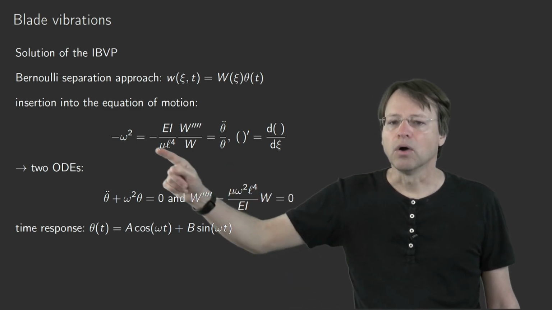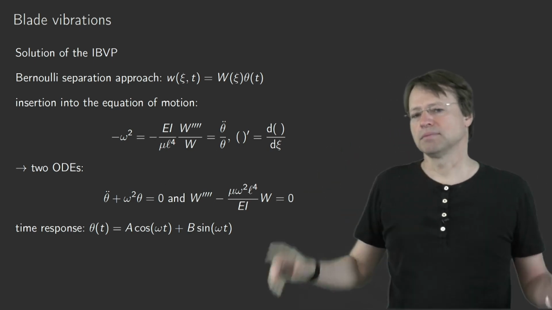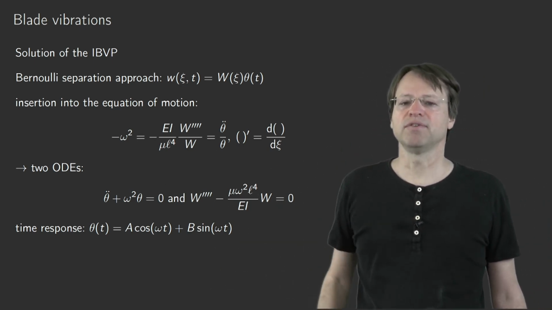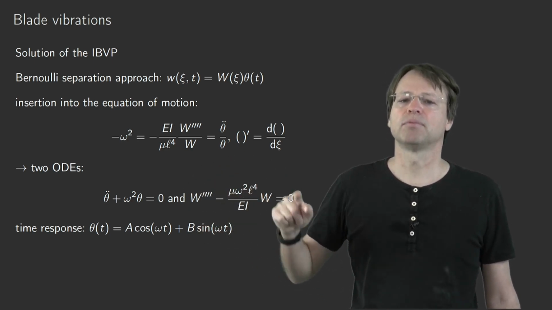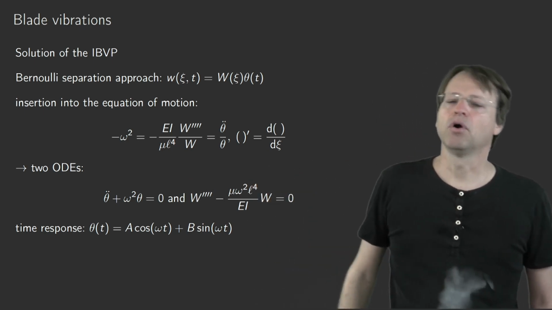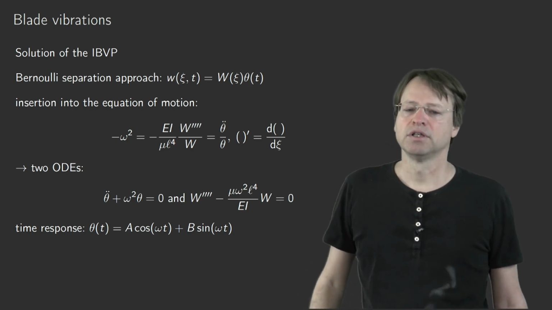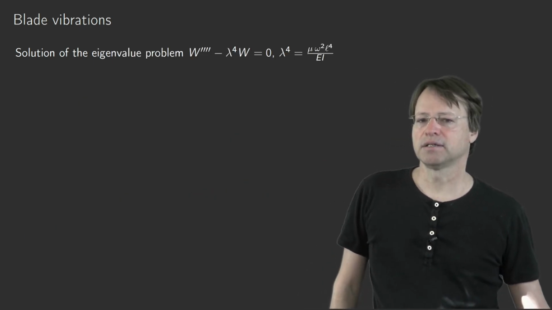But we do not know the value of omega, and it cannot be computed from some constants. It has to be determined from the boundary conditions, namely from solving the boundary value problem for the second ODE, where we have a free parameter omega, and omega has to be chosen such that we get non-trivial solutions. This will be done on the next slide.